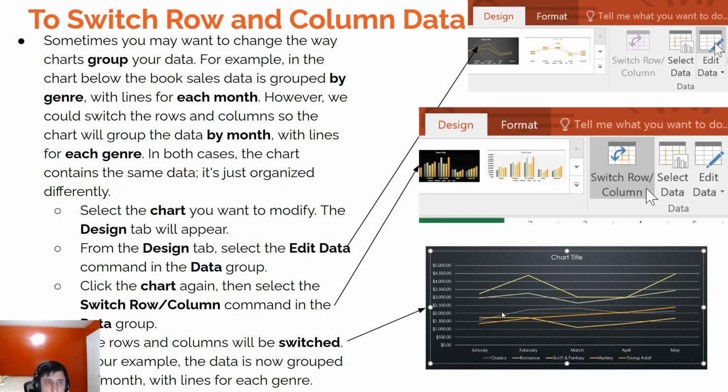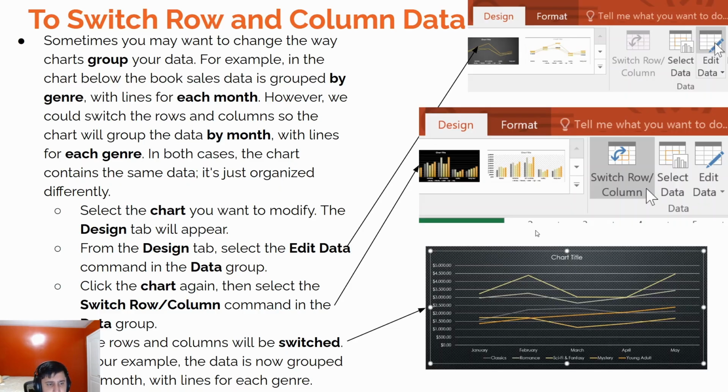We can also switch row and column data. Sometimes we may want to change the way charts group our data. For example, in the chart below, the book sales data is grouped by genre with lines for each month. However, we could switch the rows and columns so the chart will group the data by month with lines for each genre. In both cases, the chart contains the same data, it's just organized differently.